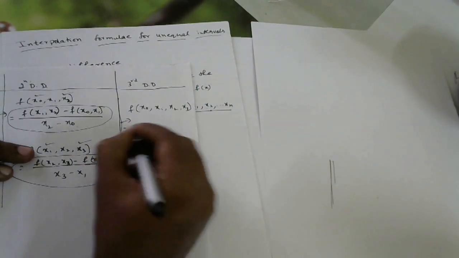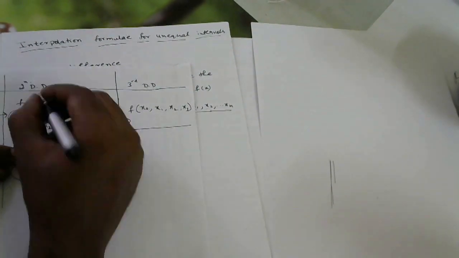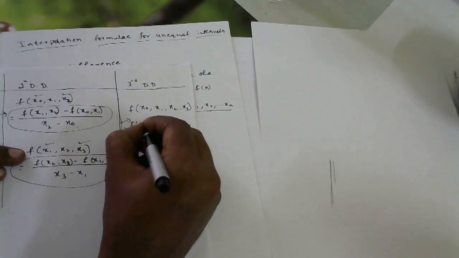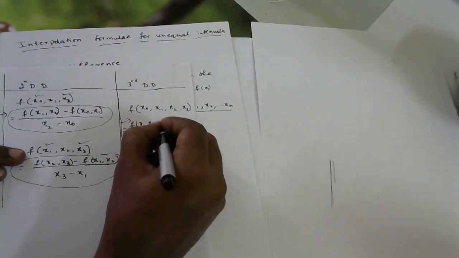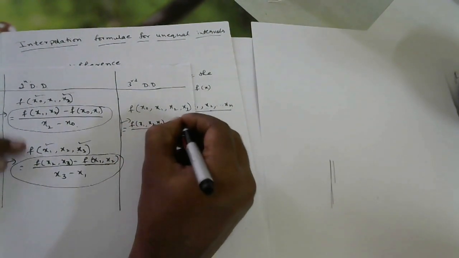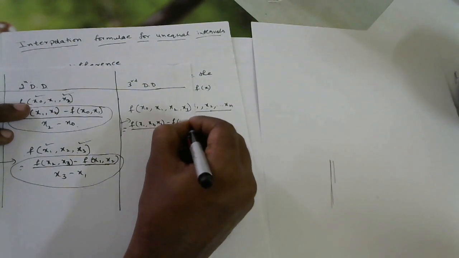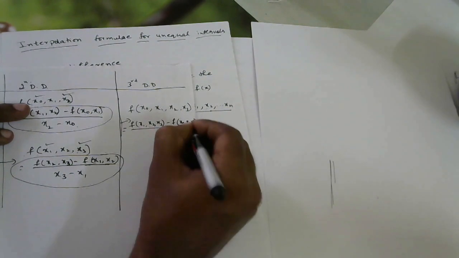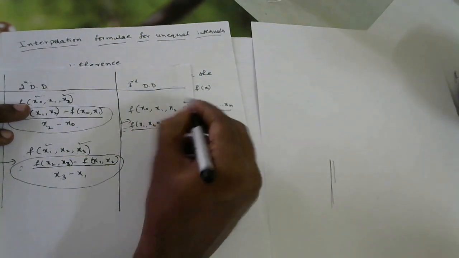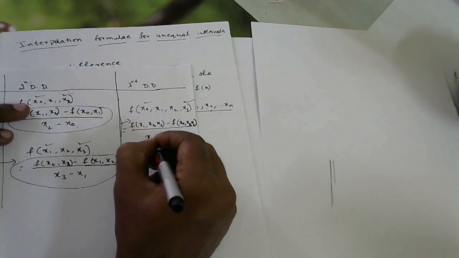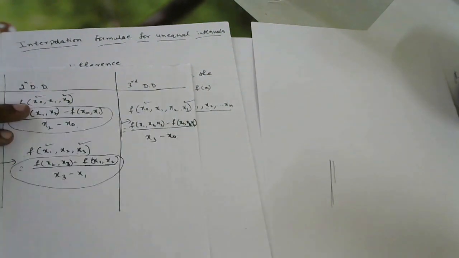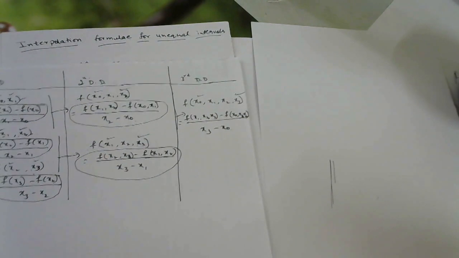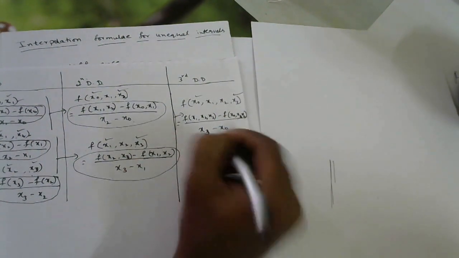This minus this means f of x1 comma x2 comma x3 minus f of x0 comma x1 comma x2, whole divided by last term minus first term, x3 minus x0. So this is the divided difference table.